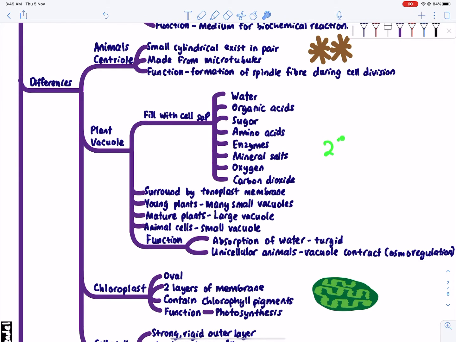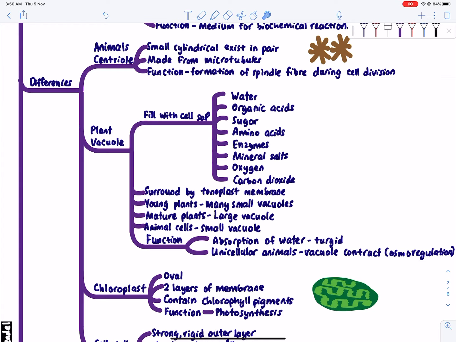Animal cell, no vacuole. If present, it is small. That's what this textbook tells you.